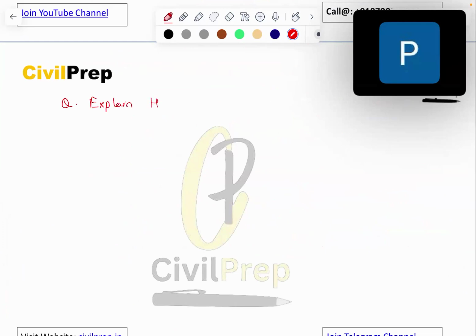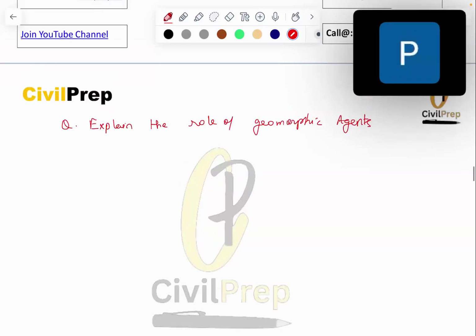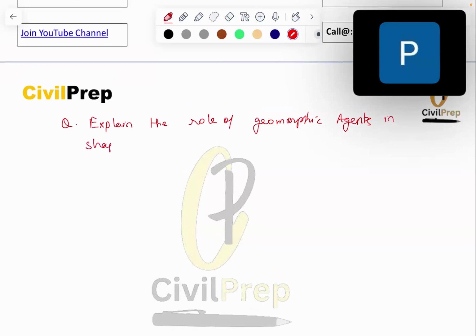Explain the role of geomorphic agents in shaping landforms in periglacial regions.